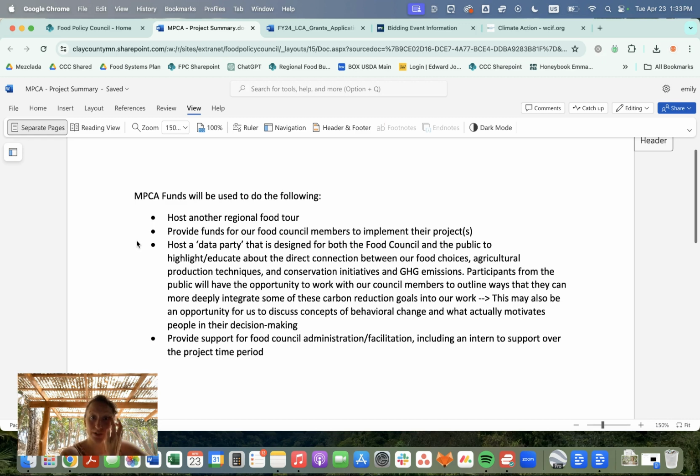Another one is to provide funds for our Food Council members to implement their projects. This is one area where a lot of times planning just gets stuck. You come up with a plan, you maybe have some volunteers who are engaged, but then they're the ones responsible for finding funds to implement specific projects.